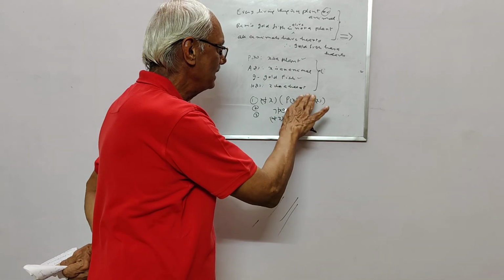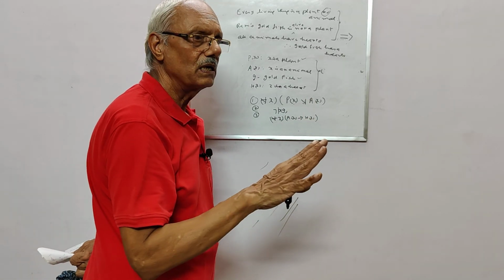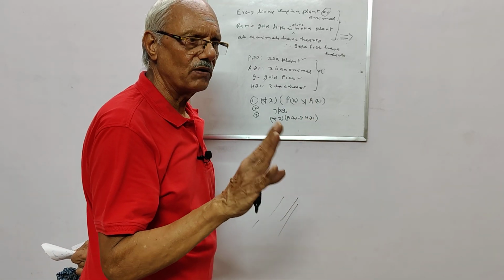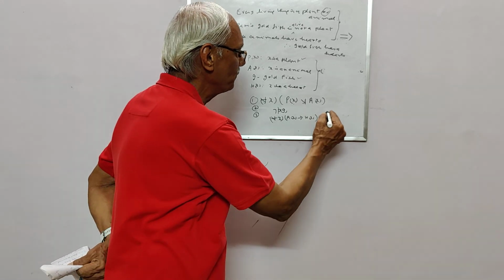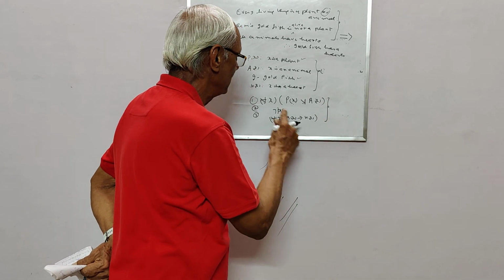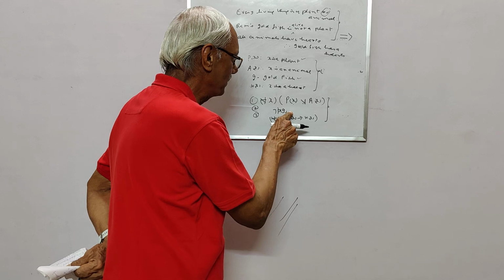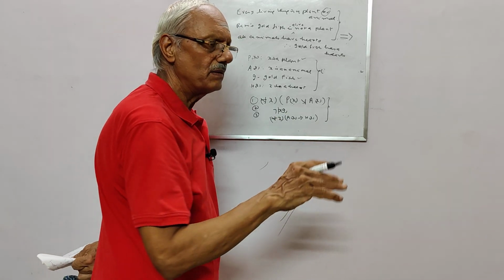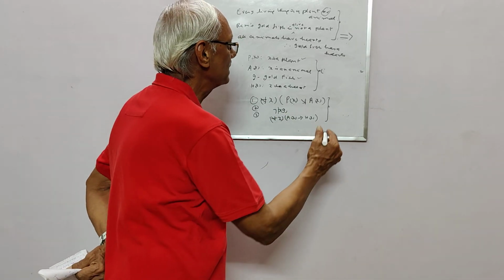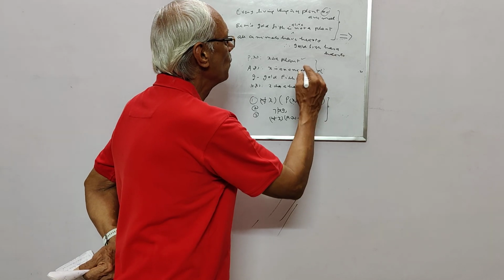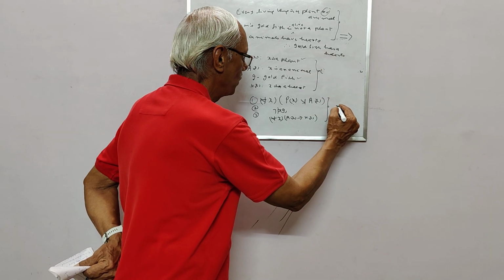So you see that these are the three compound propositions I have got, and if you make an argument on this, take this as a premise, take this as a premise, take this as a premise, and place your argument on that, it must lead you to the result that goldfish has a heart. That means what?